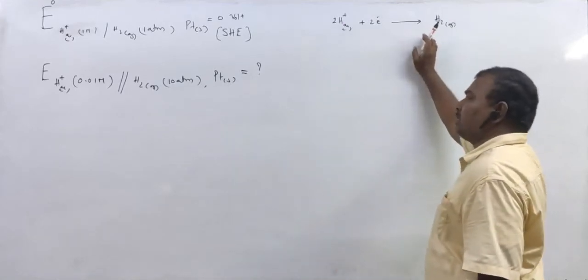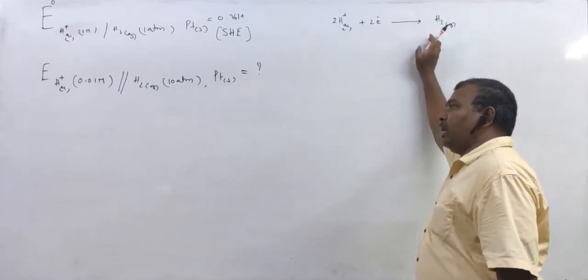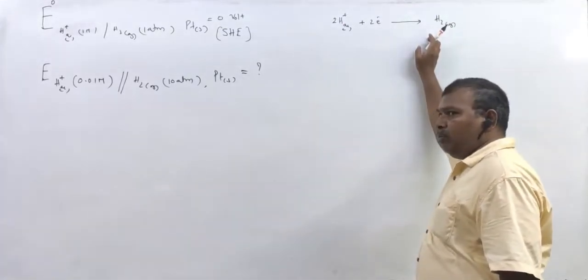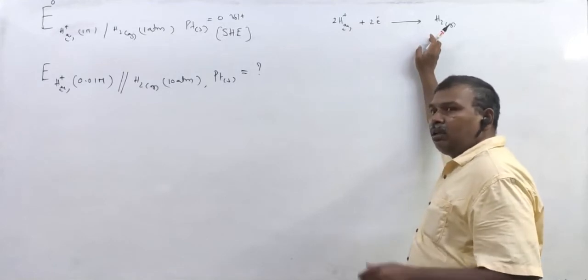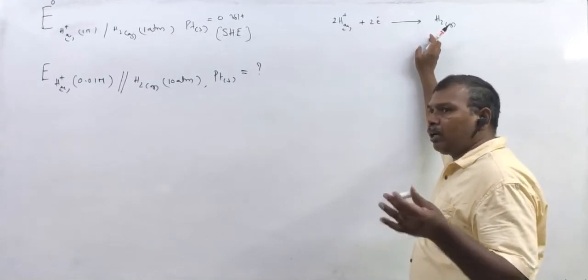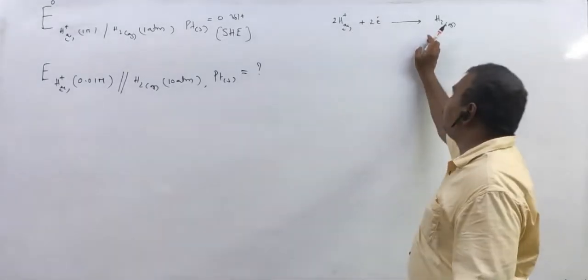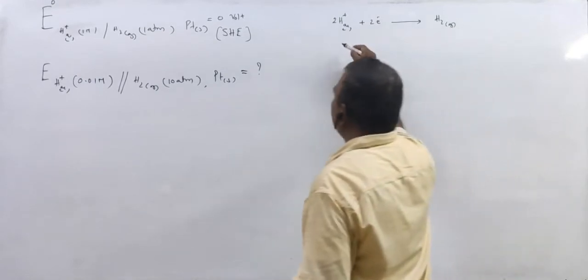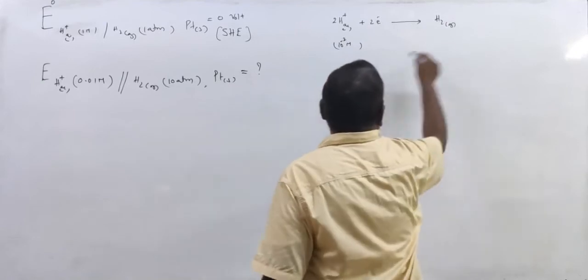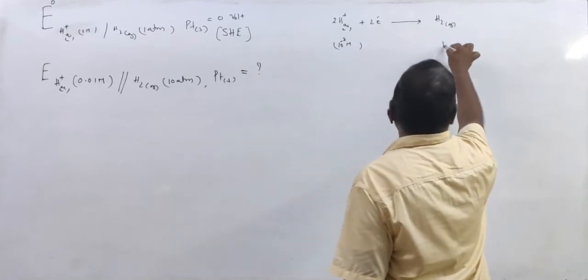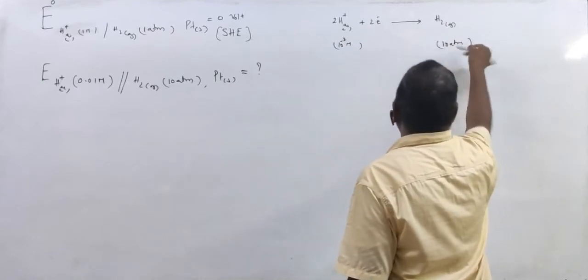This is the equation at the electrode. It is a reduction reaction. Why did we write a reduction reaction? Because reduction potentials are electrode potentials according to IUPAC, right? This is 10 power minus 2 molar and hydrogen gas is at 10 atmosphere pressure.